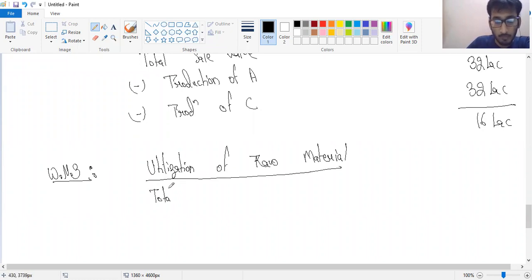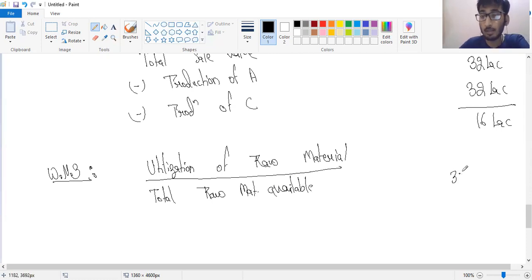So total raw material available. What is the total raw material available? It is 35 lakh, if I'm not wrong. Just a second. Yes, it is 35 lakh. Now, what we can do, we can first use it for A.